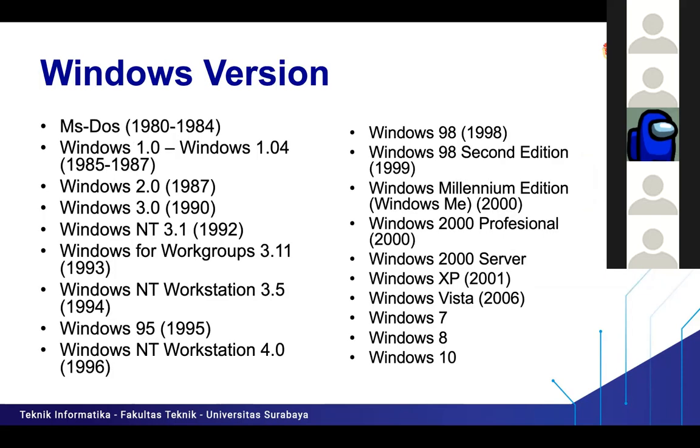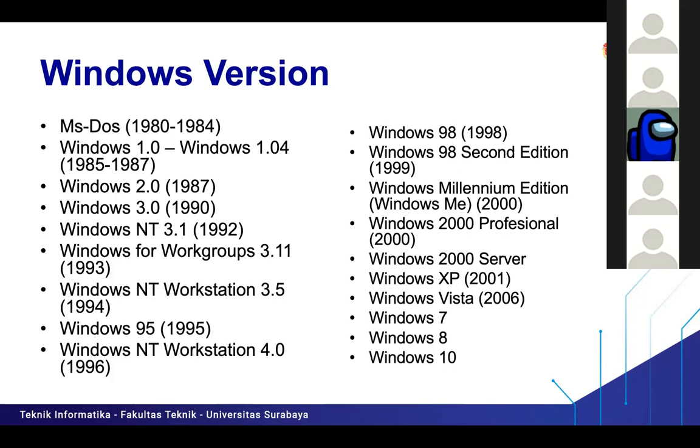These are the versions of Windows from MS-DOS until Windows 10. There are a lot of versions: Windows 1.0, Windows 2.0, Windows 3.0, Windows NT, Windows for Workgroups, Windows 95, Windows 98. For me, the oldest version of Windows that I have tried is Windows 98.